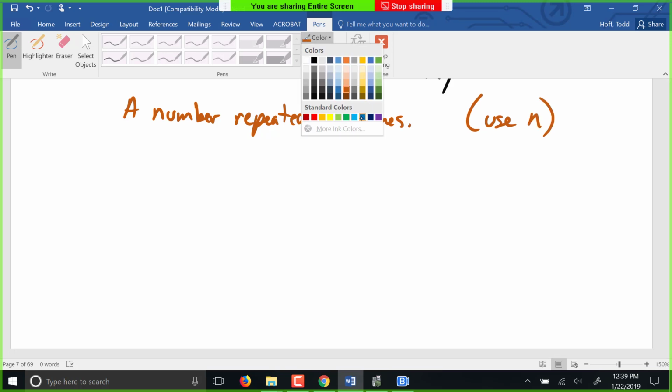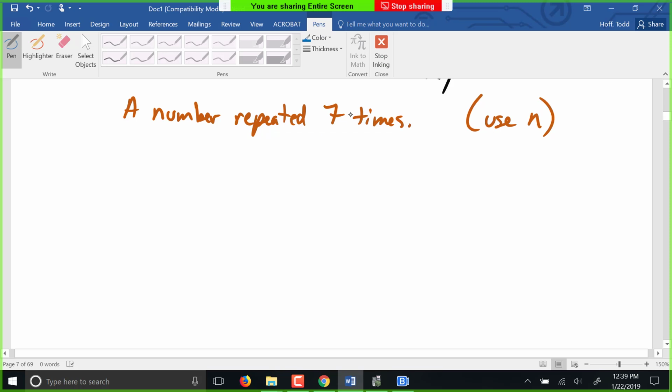So how would we express that using numbers and symbols? First of all, what operation? Multiplication, okay? A number repeated 7 times is just 7 times that number, or a number times 7.